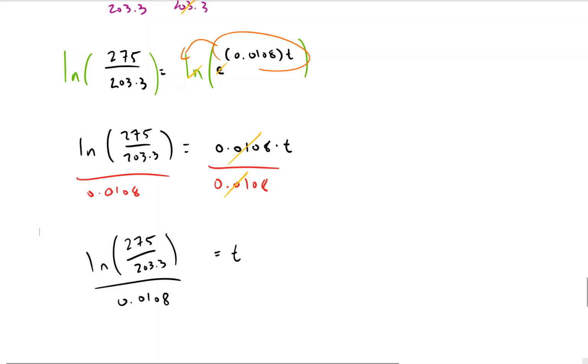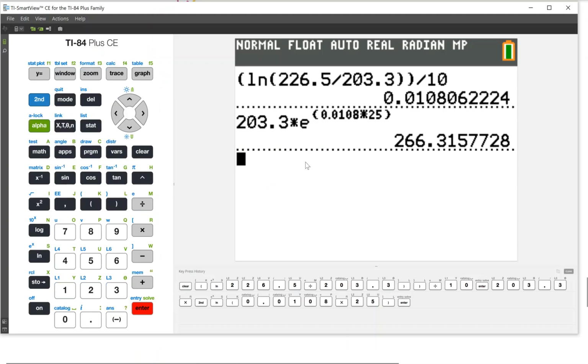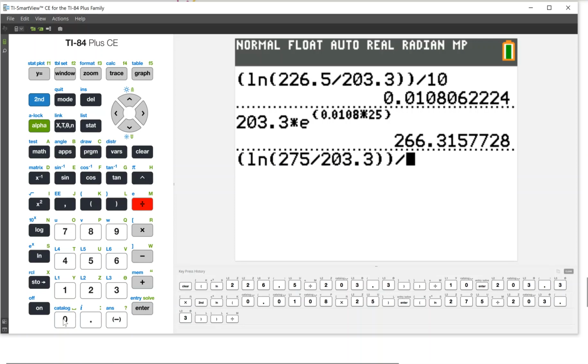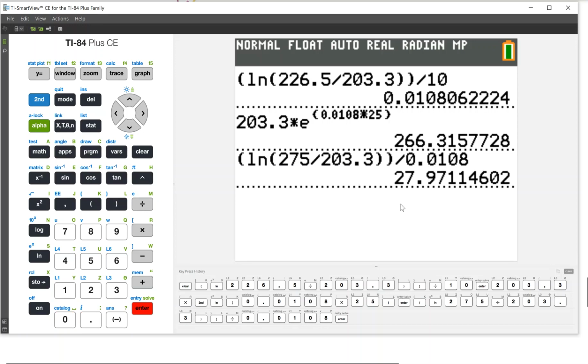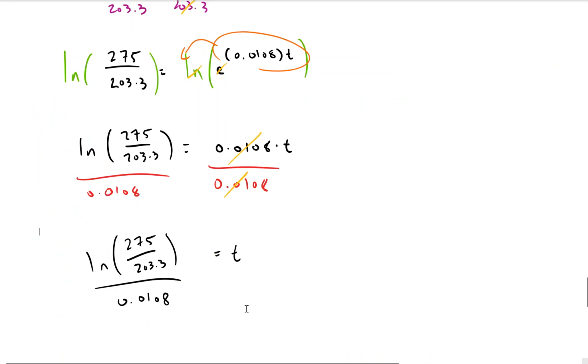What is that when we plug it into our calculator? Well, let's see. Natural log 275 divided by 203.3, divided by 0.0108. 27.97. 27.97 years from 1970.